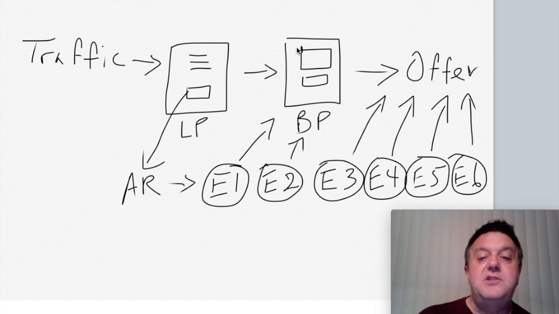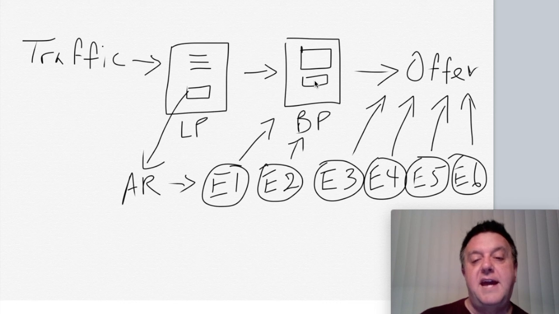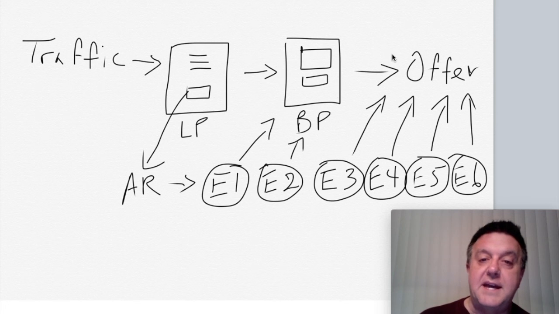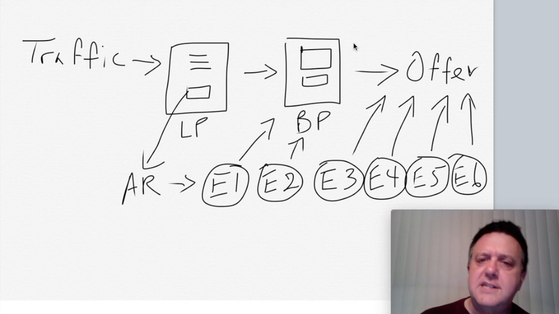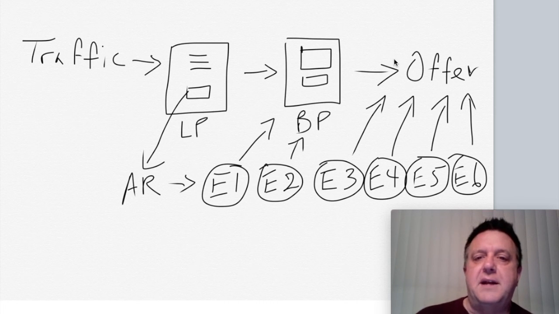The bridge page is a video where you introduce yourself, make your prospects somewhat familiar with you, that sort of thing, and then they click on the button to go to your offer. Now, this in itself is only going to get about a 1 or 2% success rate with your offer, so still very difficult to make a living doing that.